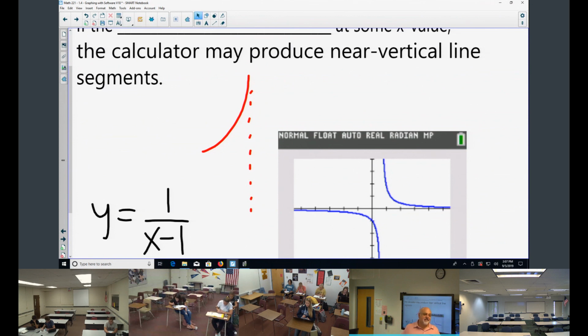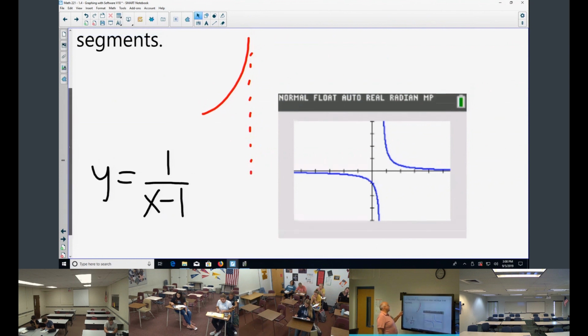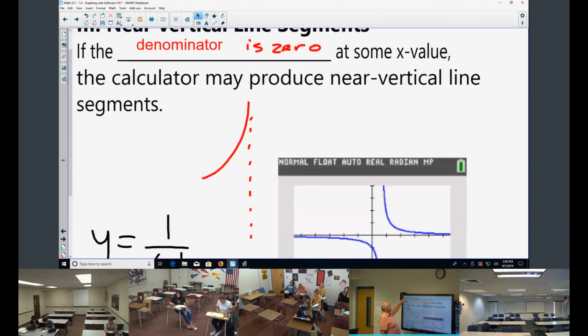As it gets closer and closer to being a vertical line, sometimes it can't do it. So I just have to warn you. Depending on your window, the zoom, and the function, it might just drop off graphing as it gets close.